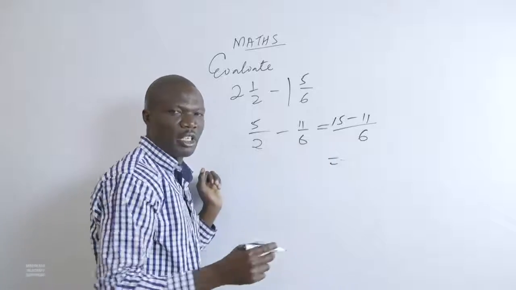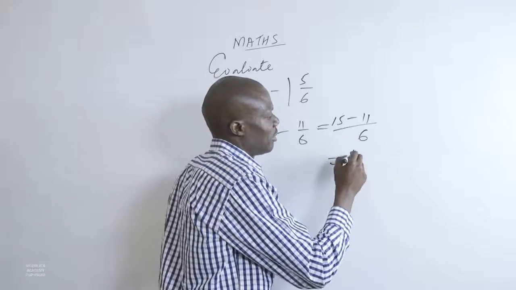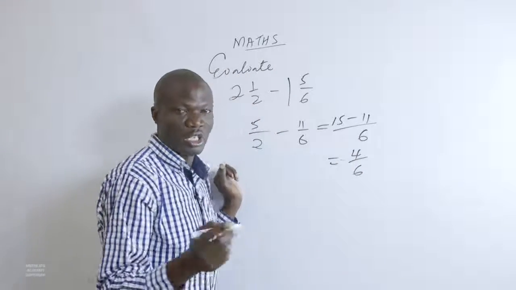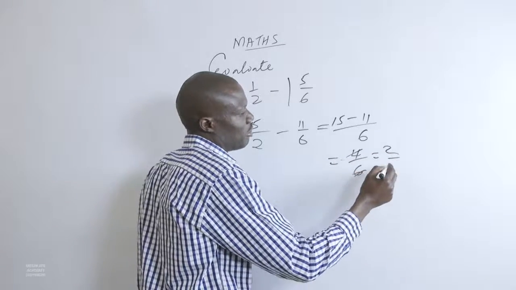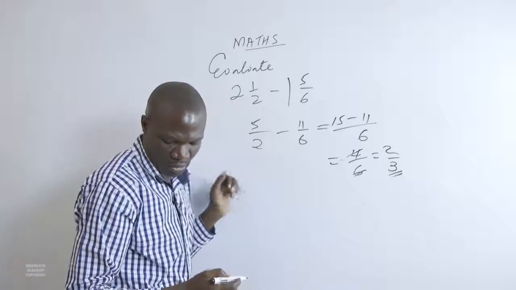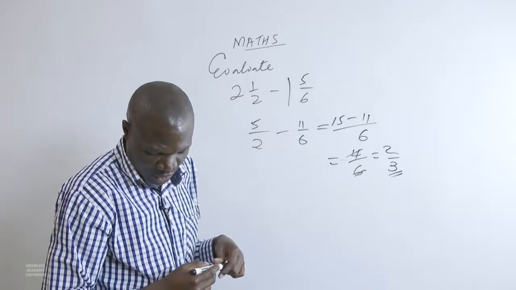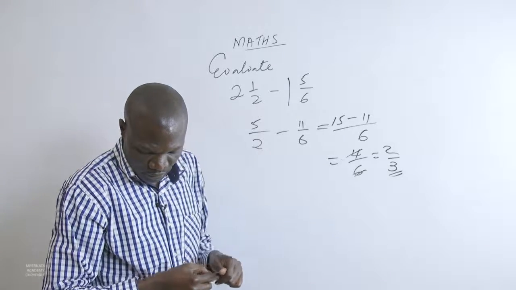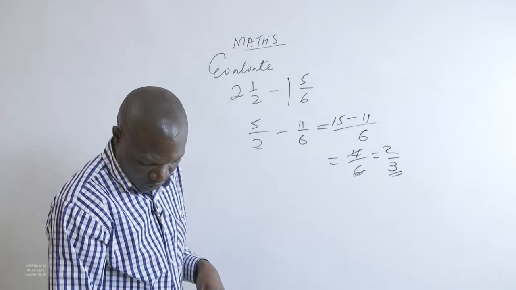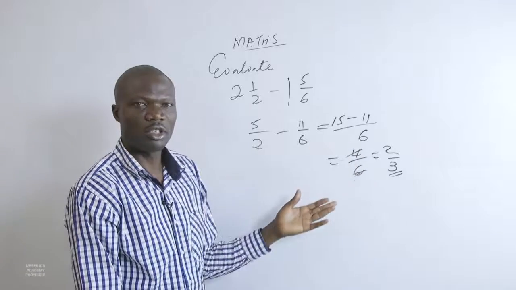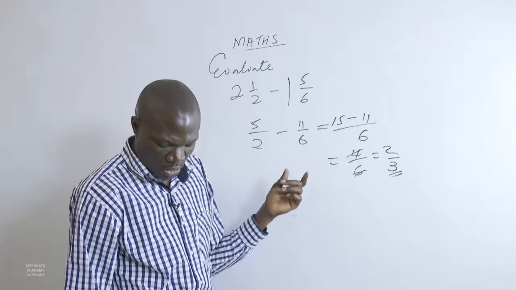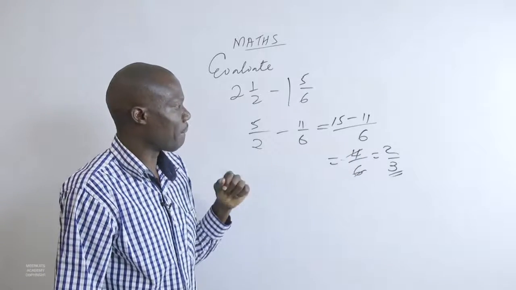So 15 minus 11 is 4 over 6. You can simplify by 2, which gives 2, and by 2, which gives 3. So we can agree and say the answer to this is simply 2 over 3.